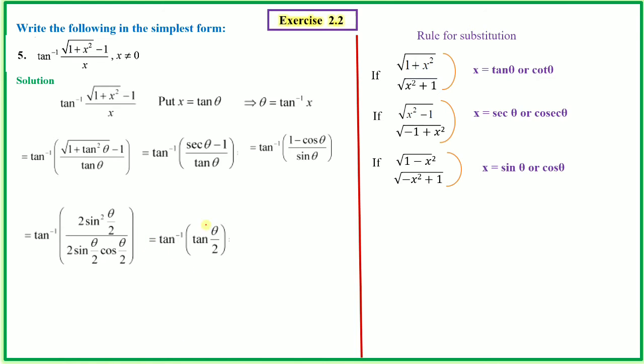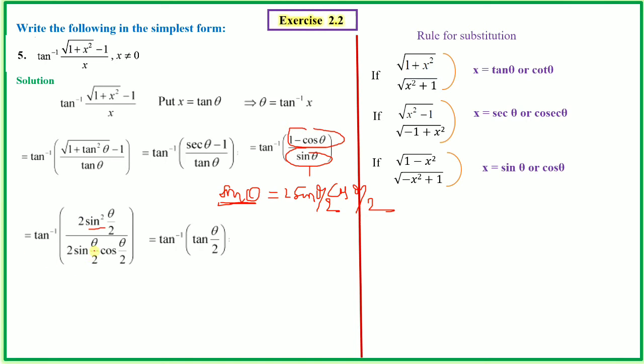Now it is equal to tan inverse outside and 2 sin square theta by 2 from here, as I explained. And instead of this sin theta, you remember that formula, sin 2 theta is equal to 2 sin theta cos theta. So instead of sin 2 theta, if we take sin theta only, then the formula will be converted like this: sin theta is 2 sin theta by 2 cos theta by 2.